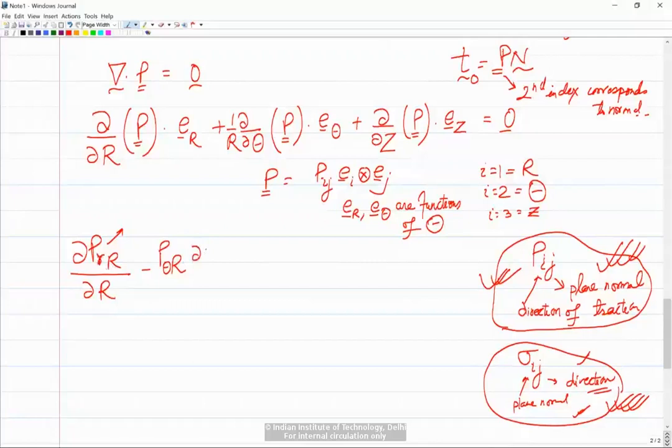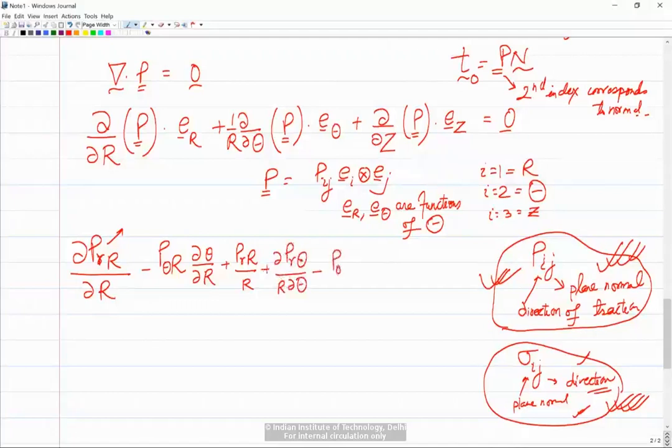So you have this, then del small theta over del big R plus P small r big R over big R plus del P small r big theta over R into del big theta. See, all the derivatives will be with respect to undeformed ones because it's a Lagrangian.